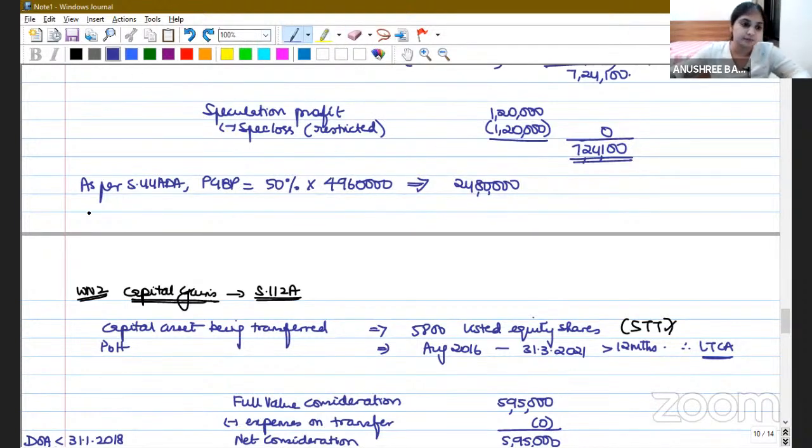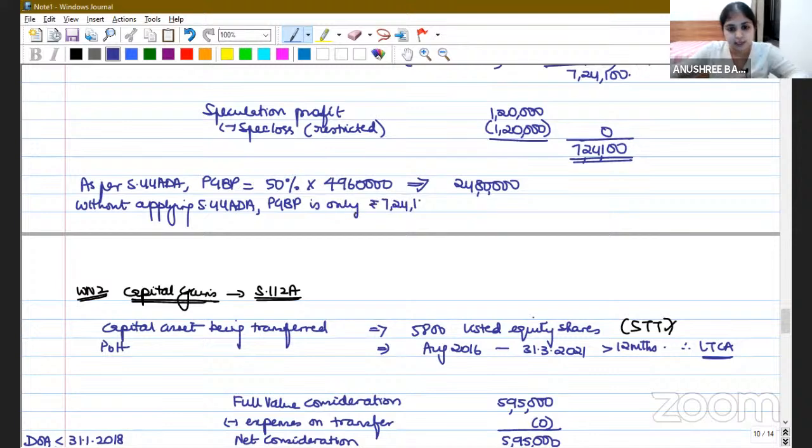So below this, write down: without applying section 44ADA, PGBP is only rupees 7,24,100, which is lesser than presumptive income as per section 44ADA.